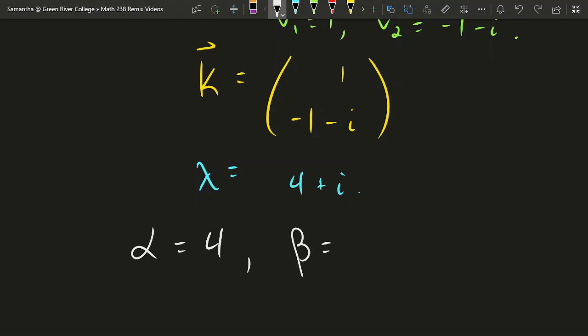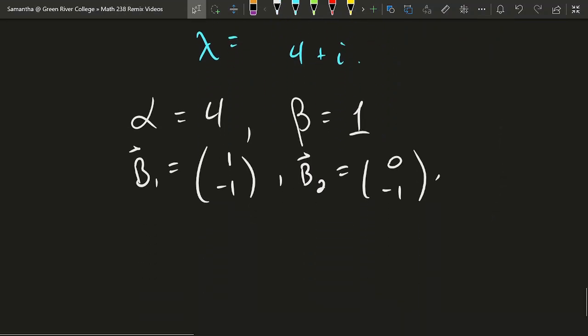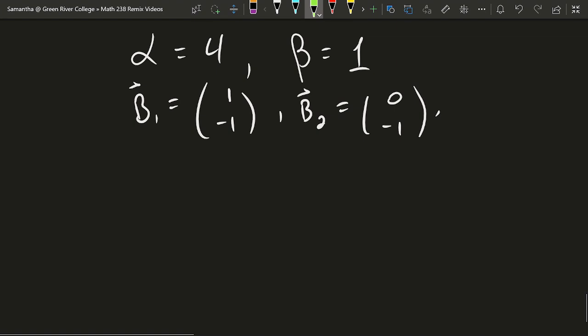Beta is the imaginary part of the eigenvalue, that's 1. That's going to be the bit that is inside of sine and cosine. B1 is the real part of the eigenvector, the stuff that's not attached to i, so 1 and negative 1. B2 is the imaginary part of the vector, the stuff that is attached to i, so 0 and negative 1. And now my task is just to assemble that information into the formula in the theorem, and my work is done.